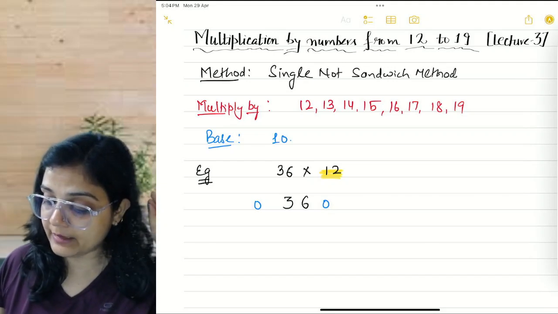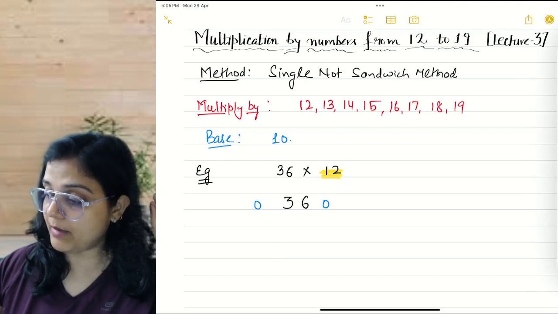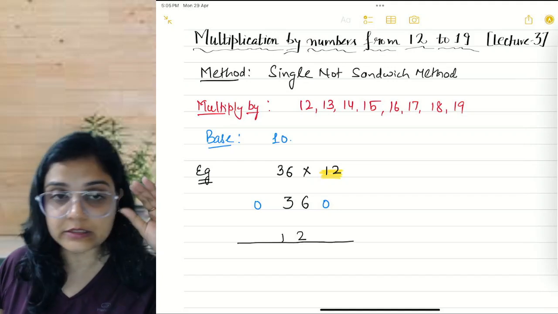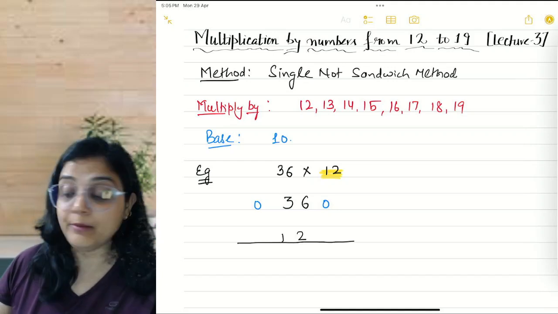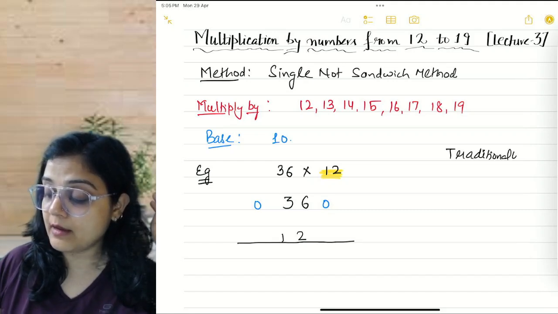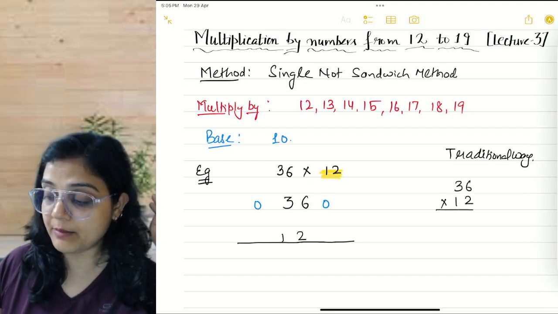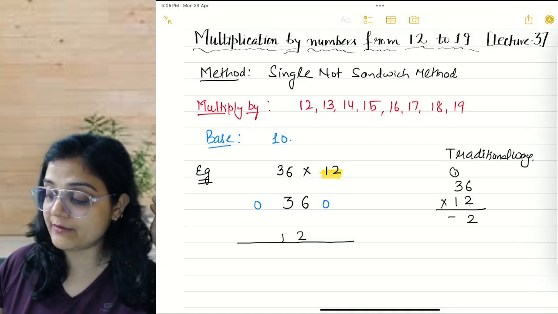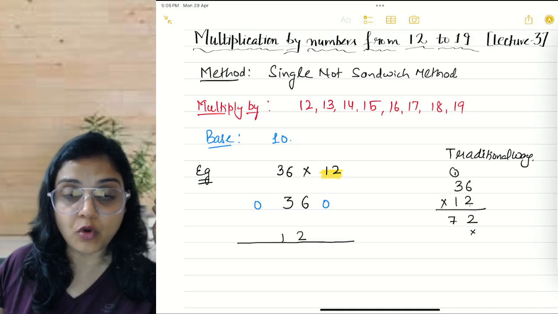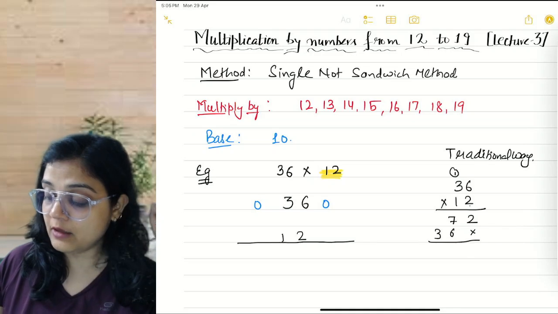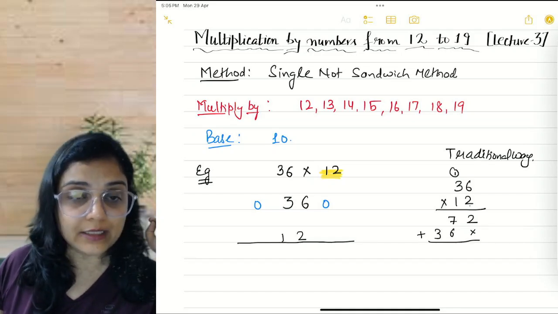Then I'll multiply them by 12. I'll take black color for that. I'm putting a line below this. Usually, in your traditional method, you write 36, you write 12, you multiply: 6 twos are 12, then you put a carry, 3 twos are 6 plus 1 is 7, then you put a cross or write a 0, and then 1 six is 6, 1 three is 3, and then you add the partial products to get the final answer.